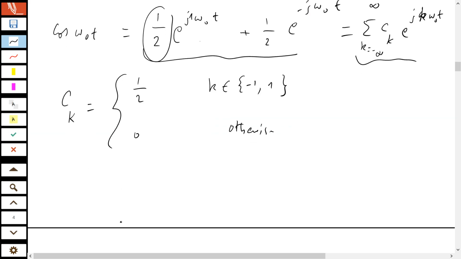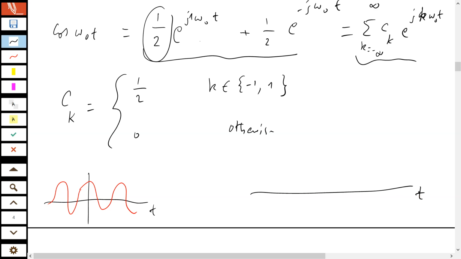So how do you plot it? Plot the signal in time domain. And now plot the spectrum in frequency domain, CK. What do you get here?